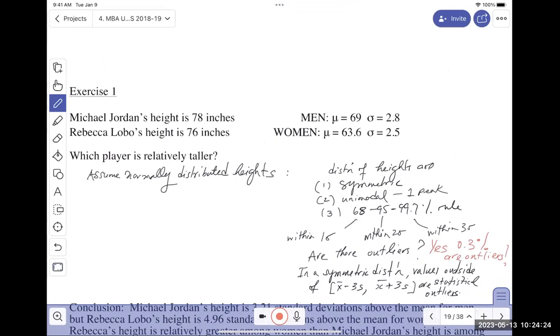In a symmetric, exactly, you guys got the hang of it. So in a symmetric distribution that I'm going to assume is normal, it allows 0.3% to be outliers.